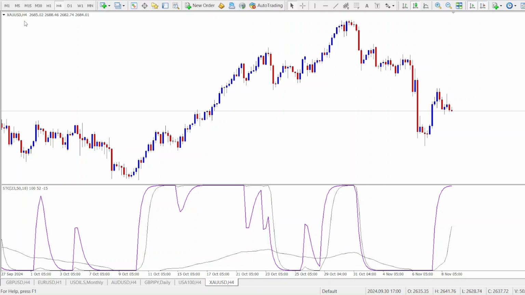All right, so we can see how the indicator is on the chart. This is the gold chart, XAU USD, and we are currently on the 4-hour time frame. Now the STC indicator works by tracking both the trend and the cycle of currency pairs, which is why it's known for its speed and accuracy. It starts with the MACD's approach.